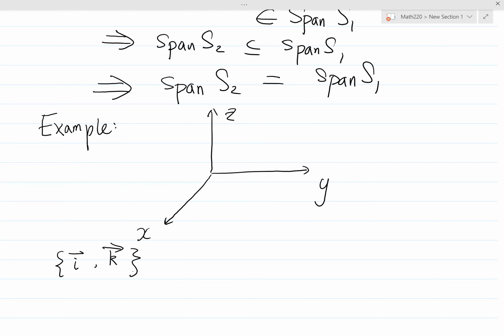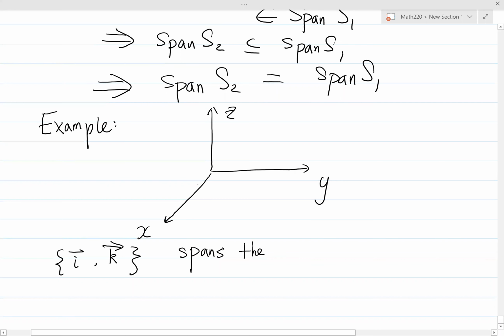What is the span of the vector i and the vector k? What's the vector space spanned by i and k? Is it R3? i is along the x-axis and k is along the z-axis. What's the span of i and k? A plane?